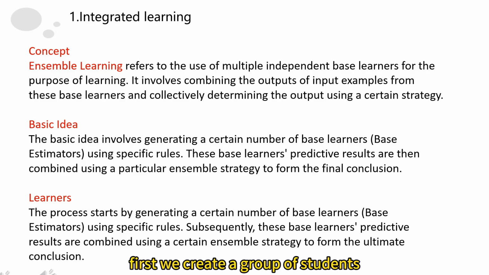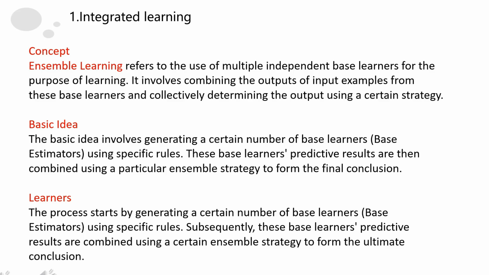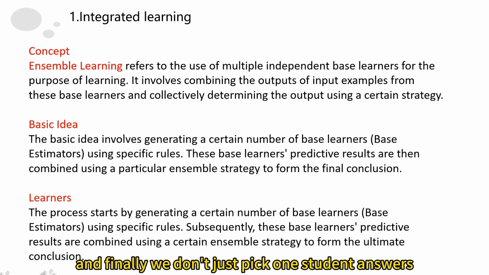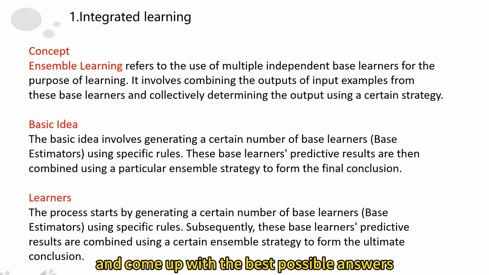First, we create a group of students by giving them a specific rule to follow. Then each student gives their answer to a problem. And finally, we don't just pick one student's answer. We use a special way to merge all their answers together and come up with the best possible answer.